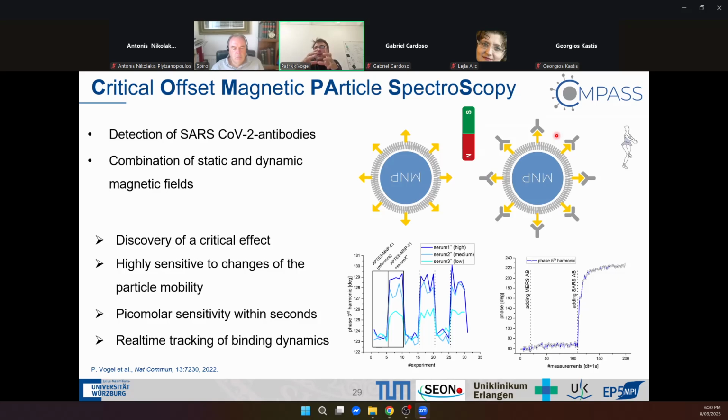And when you have the linker molecule highly specific for SARS-CoV-2 antibody, for example, then you can provide a real rapid test. And real rapid test means here that we are able to get information within a few seconds by adding the SARS antibody to the sample, and we can also distinguish between high, medium, and low.